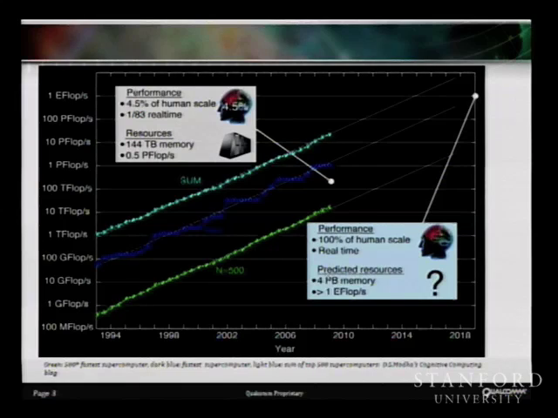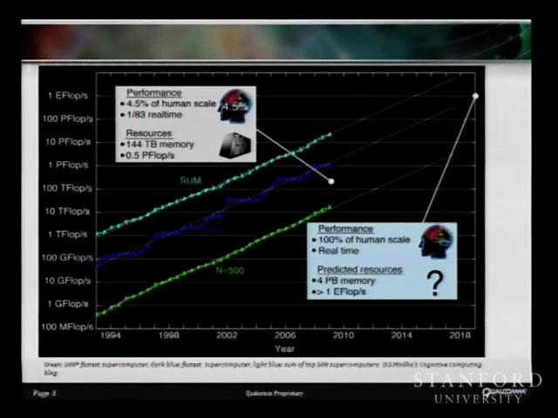You might have seen some of these plots before, where we look at the computational power of computers that's constantly increasing. There's this exponential law that's going on. This plot shows the light blue line is the sum total of all the supercomputers to date, and it's increasing on a nice exponential scale.